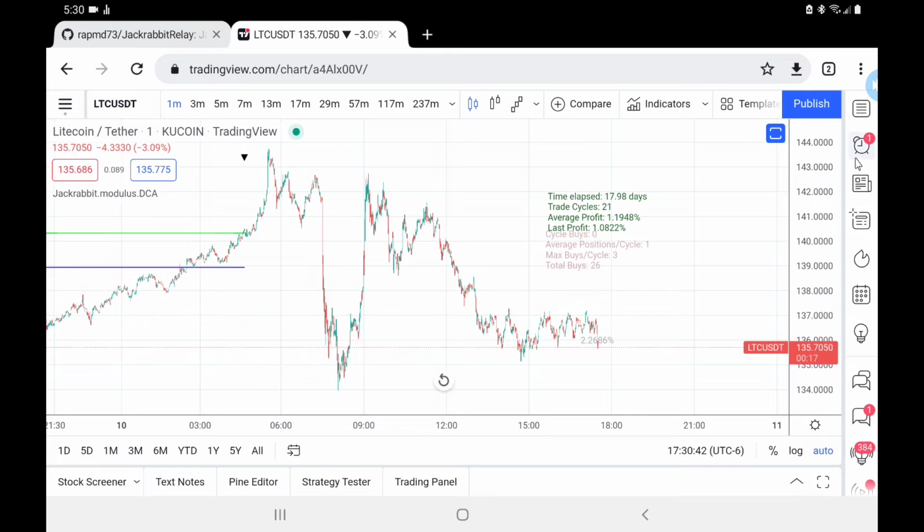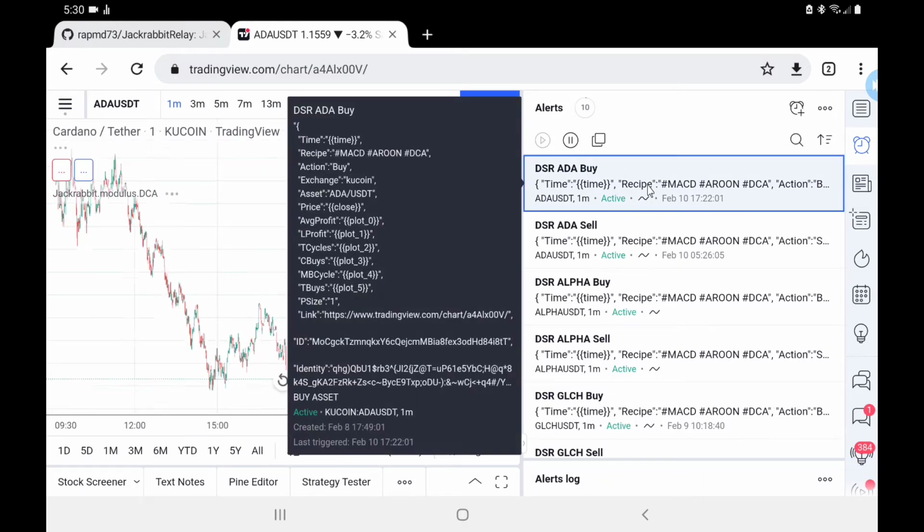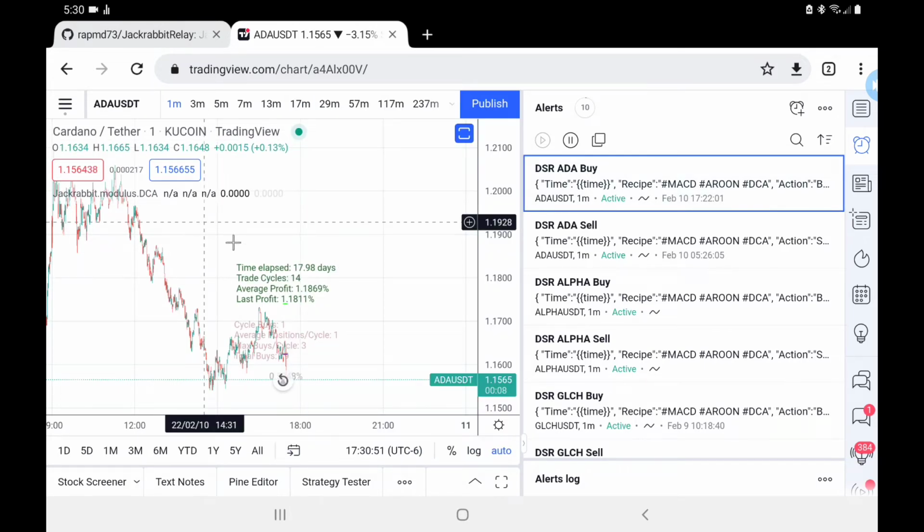So let's go to some of the more notable coins. And not all coins are good coins. Some coins have low values for trade cycles, but they're well enough that I have an interest in them.